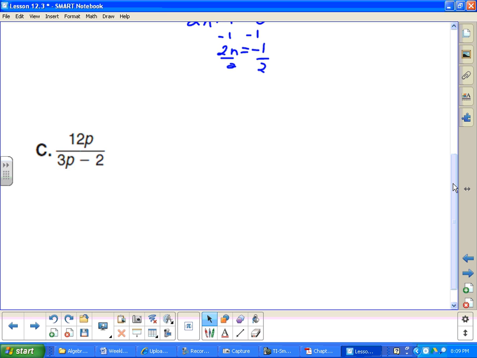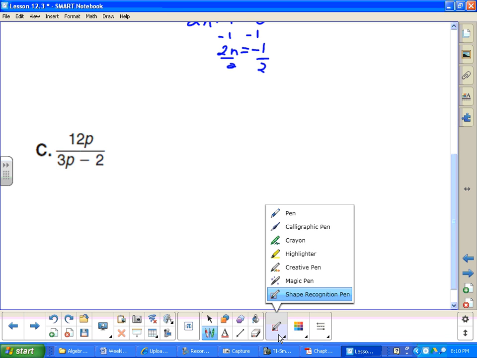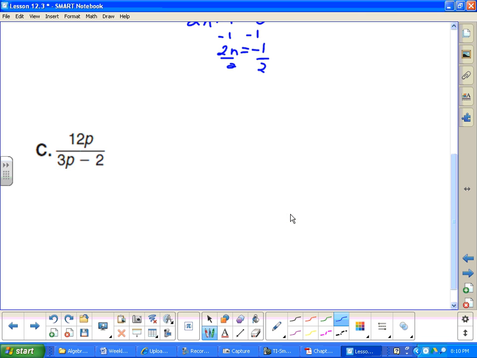Can I take 12p and 3p minus 2 and simplify it? And the answer is no. This is all you can do, is write this problem down and say that p cannot equal 2/3. What makes the denominator equal to 0?